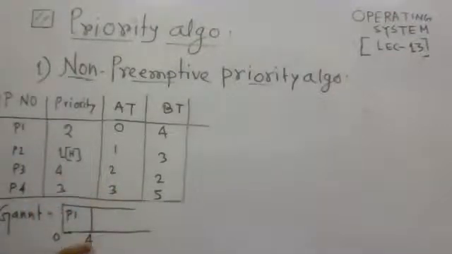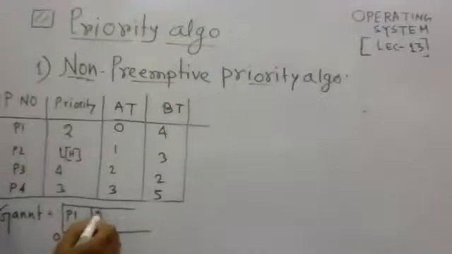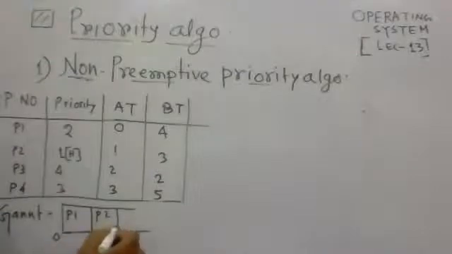Now check among P2, P3 and P4 which one is the highest priority process. The priority of P2 is 1, so it is actually highest. So next we have to schedule P2, and the burst time of P2 is 3, so the time bound here should be 4 plus 3, that is 7.